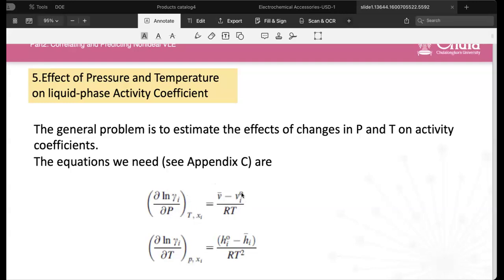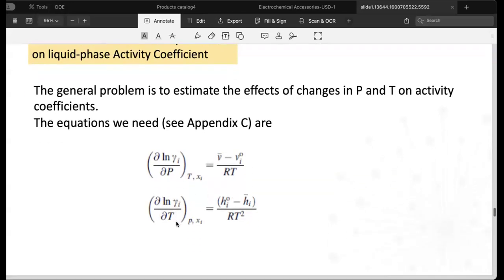What is this volume change? It is the change of the molecular volume, the volume of the molecule when the molecule is in the mixture and when the molecule is a pure component. The same molecule, the i component. But we take the deviation between when that molecule is in the mixture and in the pure component.